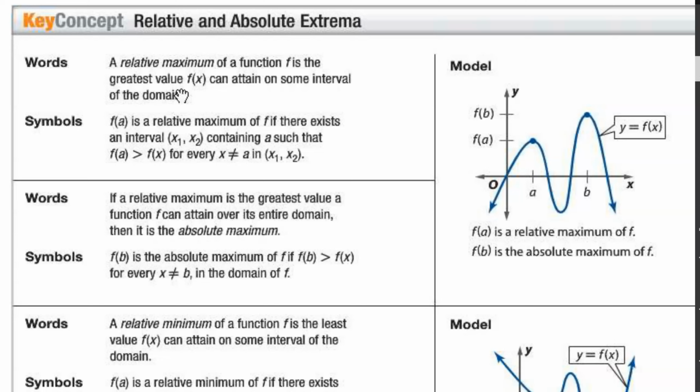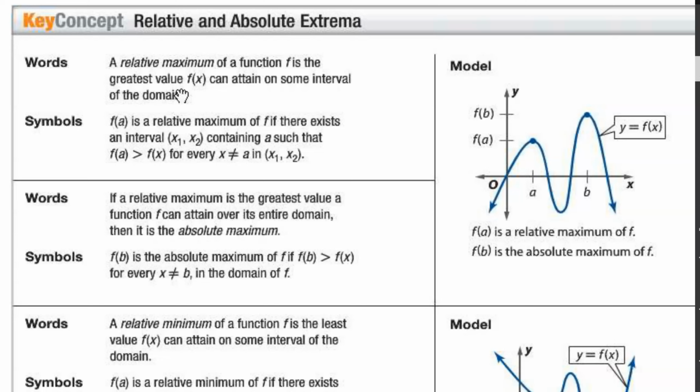Of California, Mount Whitney, 14,000 feet. Over North America, the one in Alaska, Mount McKinley? I think so. It's like 20,000 feet high. If I wanted over the whole domain, over the whole world, it would be Mount Everest. That would be the absolute max. It's in Nepal, 29,000 feet high.